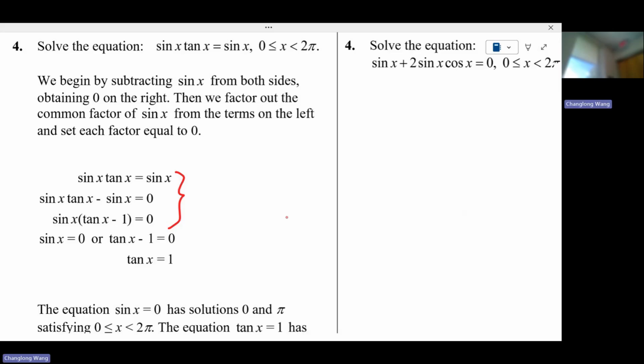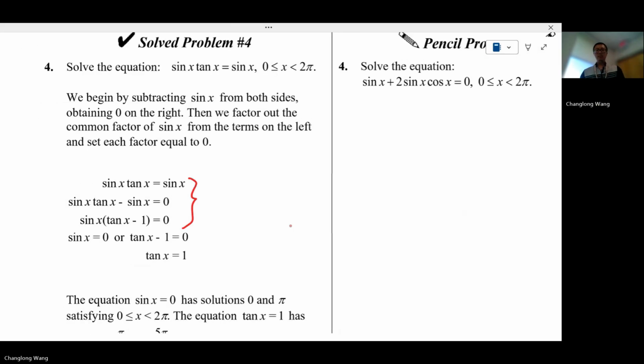Or tangent of x equal to 1. So those are 2 of the fundamental equations, right? You can definitely know how to get the x even in a general way. And then you will narrow it down to only those x's that fall into that restricted domain. Would you say that it's still about the factoring? As long as you get started with that, there's no way you can miss the rest. Okay.